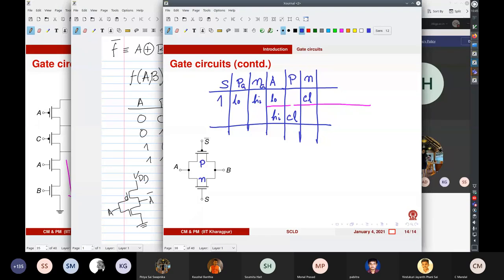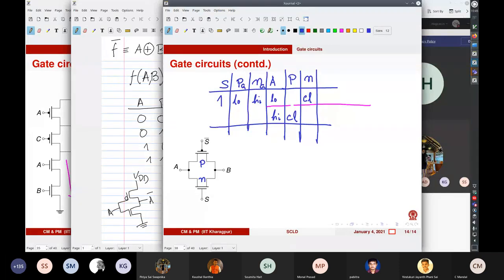First of all, I hope these two are clear, right? If A is high and the gate of this PMOS is low, then you have seen that there is the situation when this channel conducts, so this will be closed. What happens in this case?